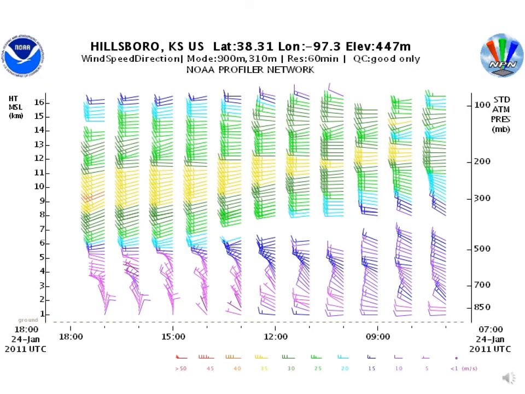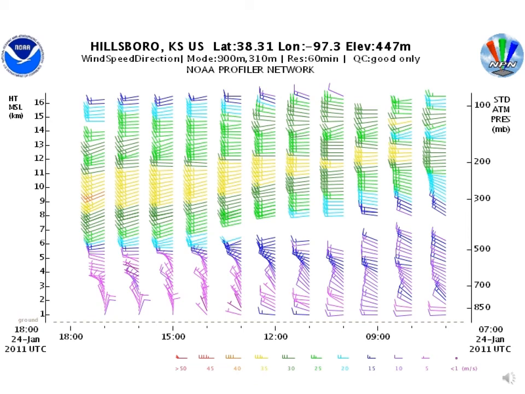So here's an example of data from the Hillsboro, Kansas wind profiler. The way this data is typically presented, we have a time axis on the x-axis and the vertical axis is height. On this particular one, we have data from January 24th of 2011. On the right, we have the data from 7 UTC, and then on the left we have the data at 18 UTC.